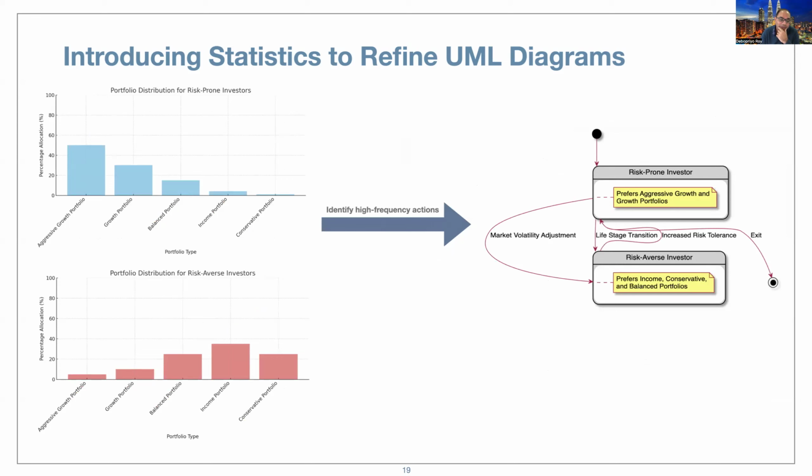For example, the risk-averse investor is likely to focus more on conservative portfolio and income portfolio, but a risk-prone investor is going to focus much more on the aggressive growth portfolio and the growth portfolio. And you see a state diagram here on the right that kind of sums up the story from these two. You combine a risk-prone investor and a risk-averse investor, and this is a very simplistic version.